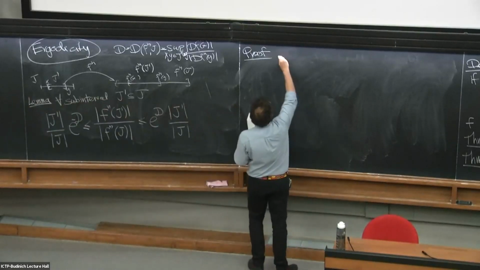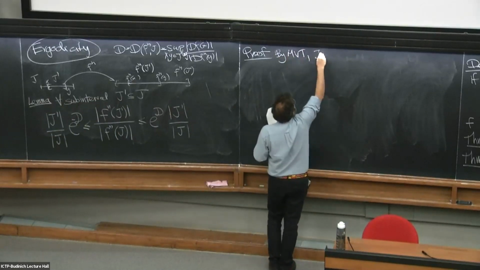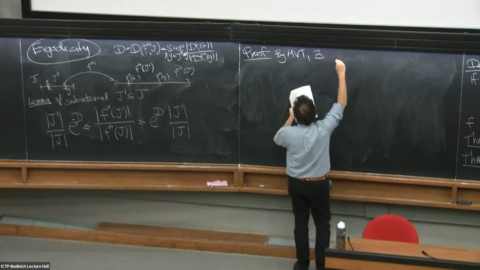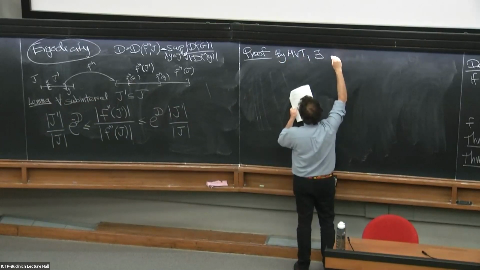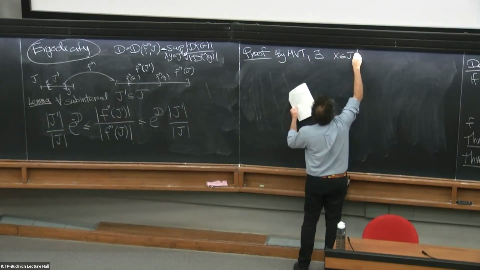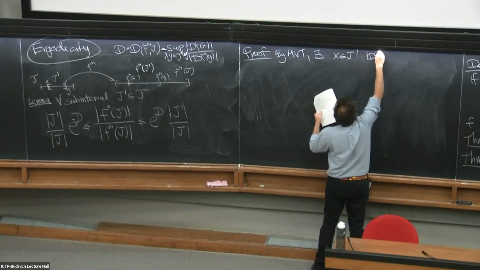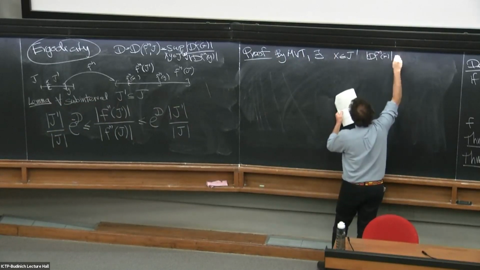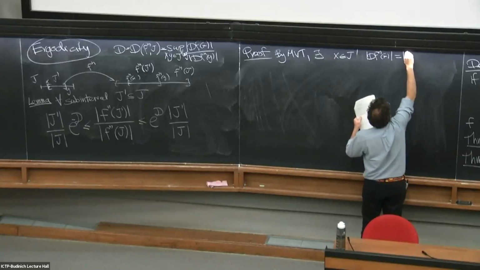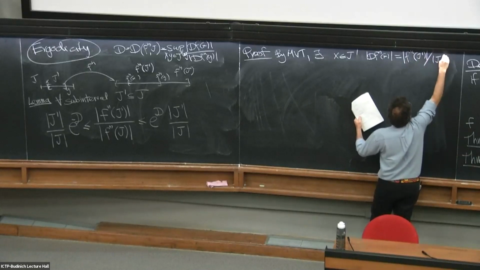By the mean value theorem, there exists x in J prime such that dfn of x is equal to the ratio Fn J prime over J.